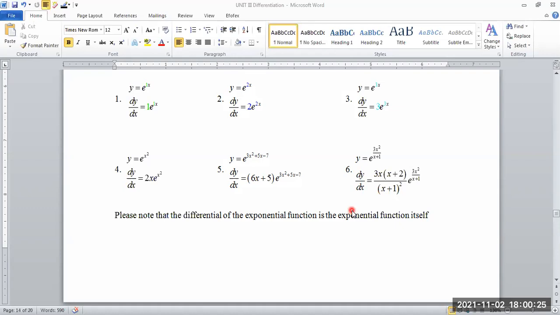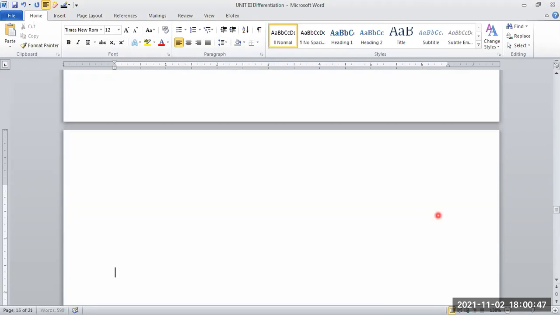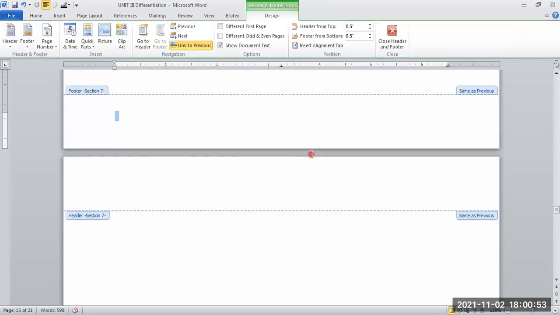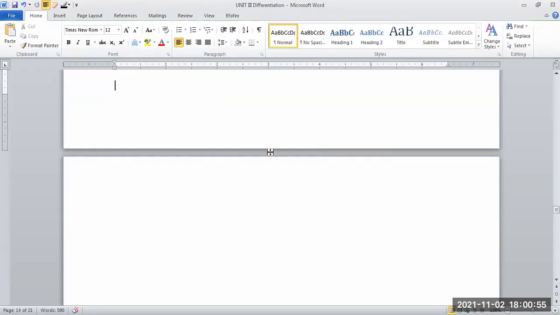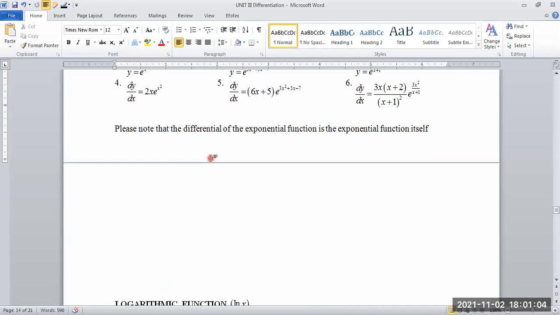Let me write pretty quickly and see what happens here. Why, my computer has a mind of its own.